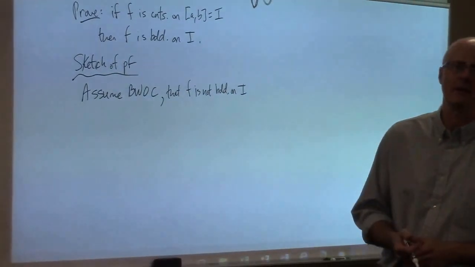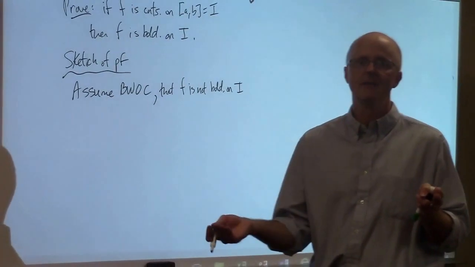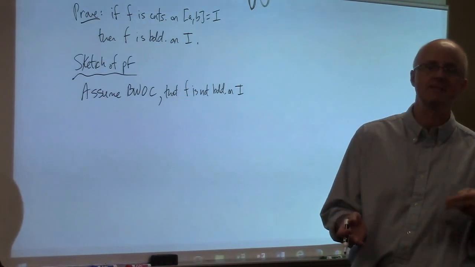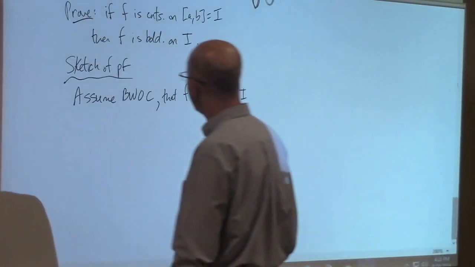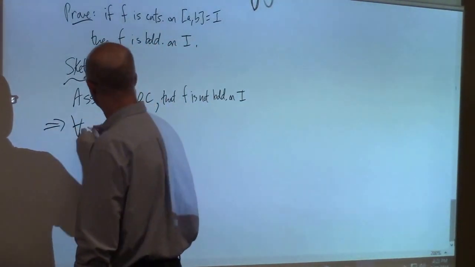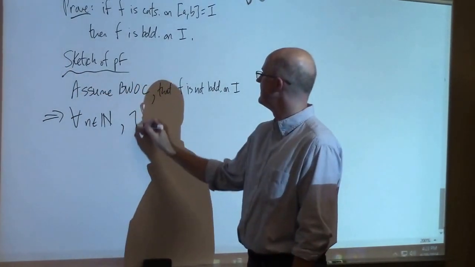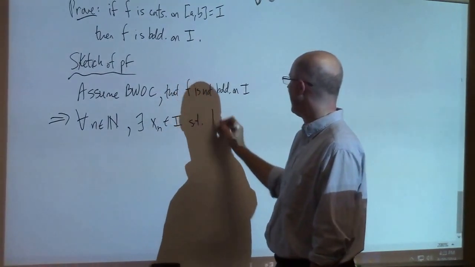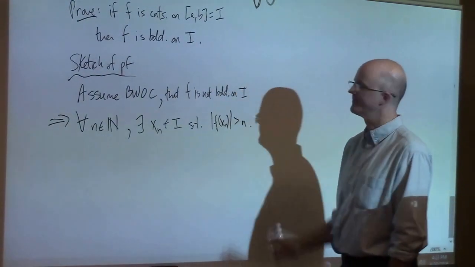So what would unbounded on the interval mean? It would mean no matter what m is, no matter how big it is, you might say, there's some point in the interval where the absolute value of the function at that point is bigger than the given m. And in particular, you can say for all n in the positive integers, there exists a point xn in I such that the absolute value of f of xn is bigger than n itself.